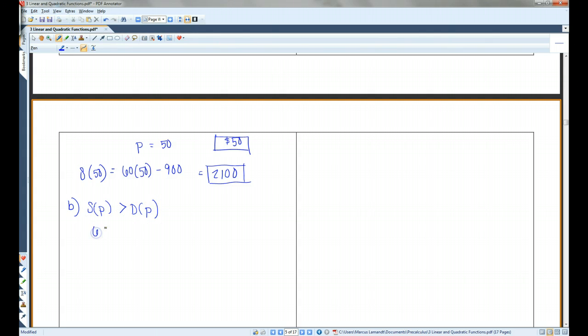So, 6P minus 900 is greater than negative 15P plus 2850. We solve it the exact same way. I'm going to add 900 to both sides.